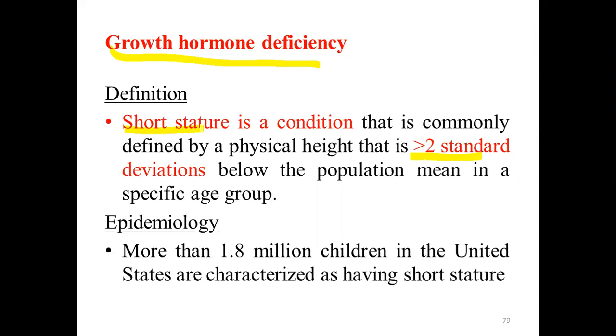For example, if a person is in their 20s and is 100 centimeters, that is a deviation of more than 2 standard deviations from the height. Depending on the age group, you can even estimate. If there is a deviation of 2 standard deviations below the population mean, we can say the patient most likely has a growth hormone deficiency.